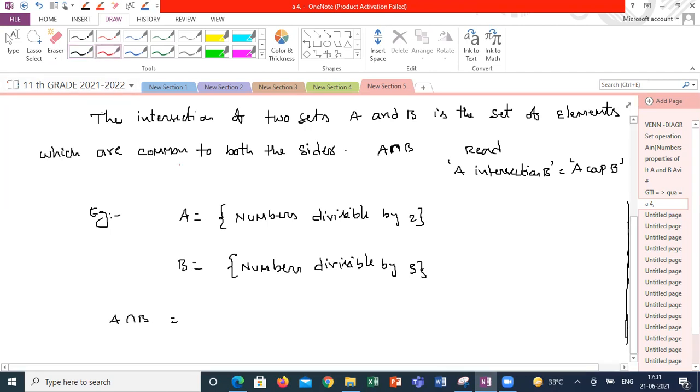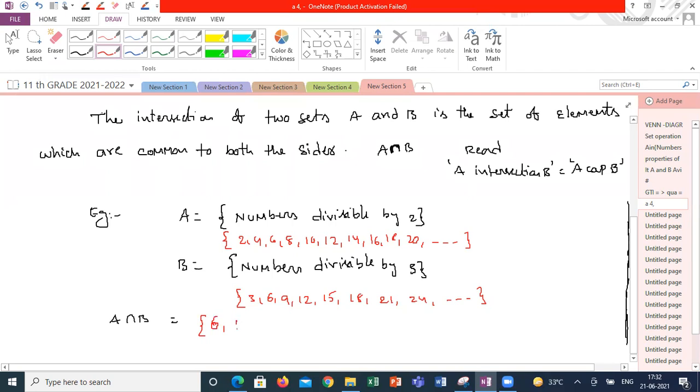Numbers divisible by 6. All the elements here: I will get 2, 4, 6, 8, 10, 12, 14, 16, 18, 20, and so on. Here I am collecting all the numbers 3, 6, 9, 12, 15, 18, 21, 24, and so on. If I collect the common ones, what numbers will I get? I will get 6, 12, 18, and after that again.